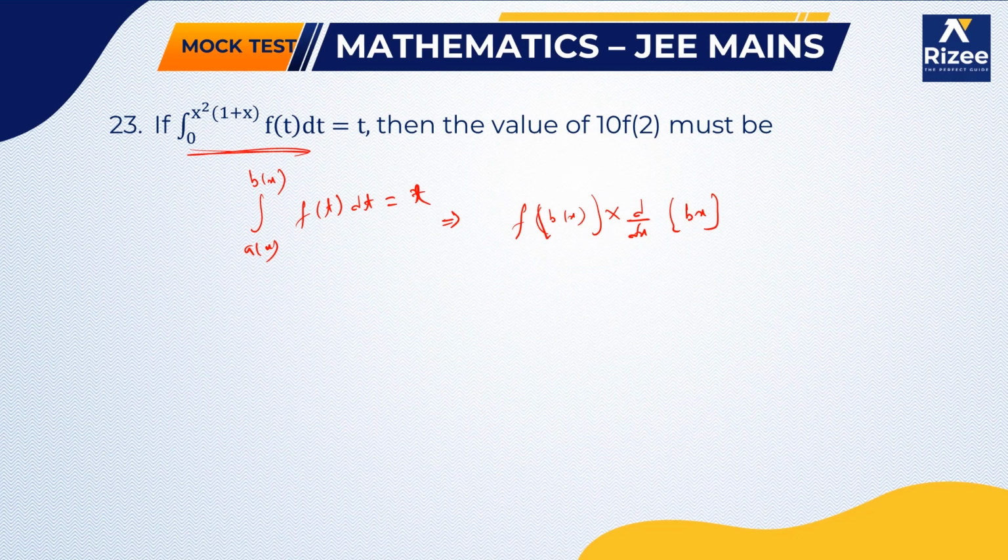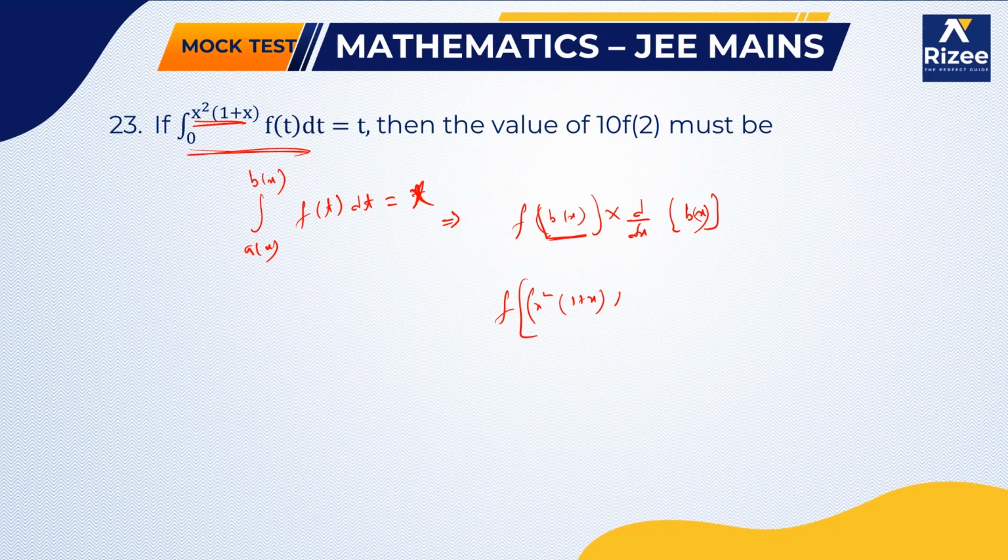So simply we can write f of b of x into d by dx of b of x. By using the integral properties, f of b of x into d by dx of b of x. What is b of x here? X square plus 1, so f of x square plus 1 plus x, into the derivative of x square plus 1 plus x, d by dx of x square plus 1 plus x.